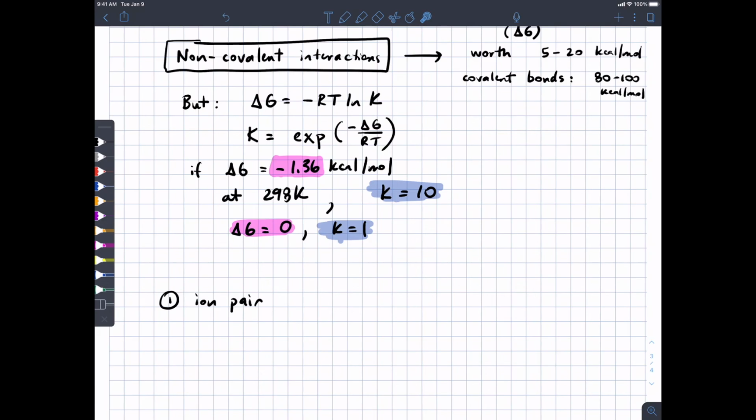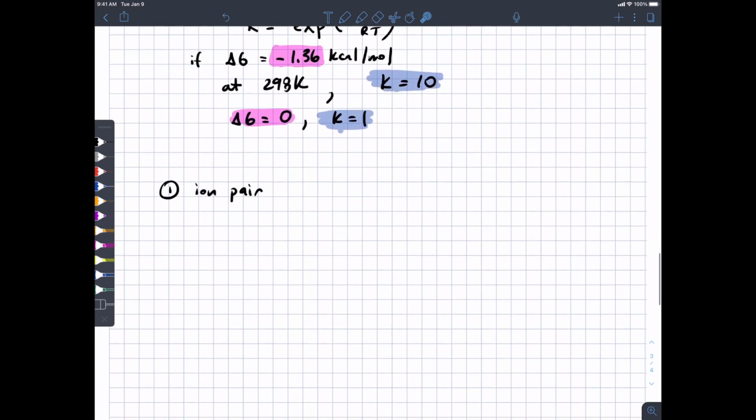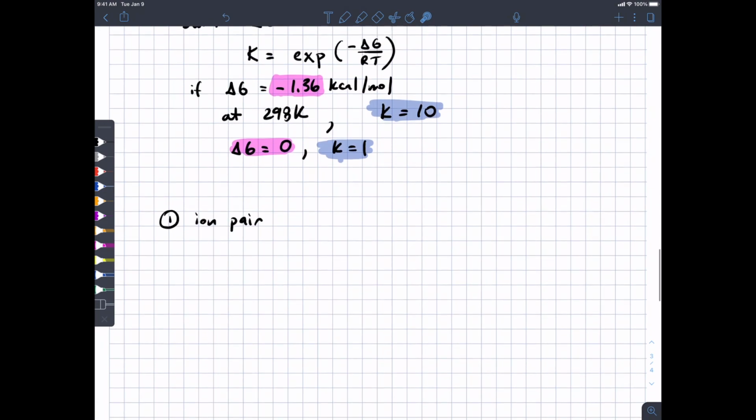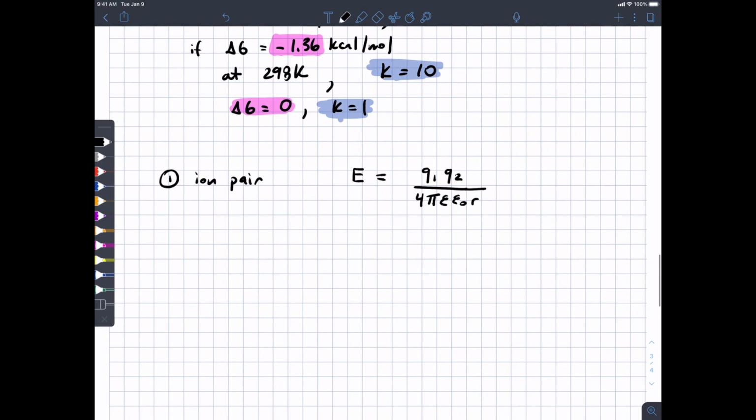Okay, so what is the relationship? For these non-covalent interactions, it's good to understand the relationship between charge and partial charge and the distance between two ions. So the energy of having ions close together you just get from Coulomb's law. Q1 is charge 1, Q2 is charge 2. Then we got a bunch of constants in the denominator, 4 pi, and I formulated this a little bit differently.